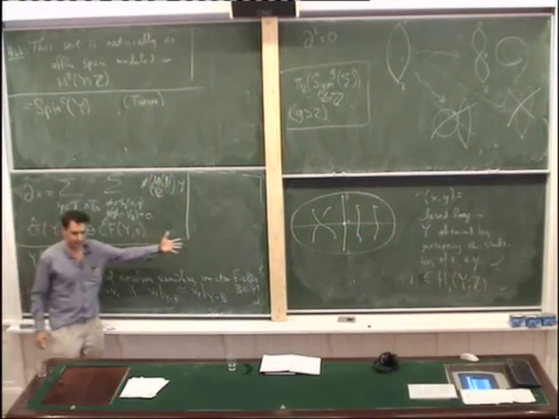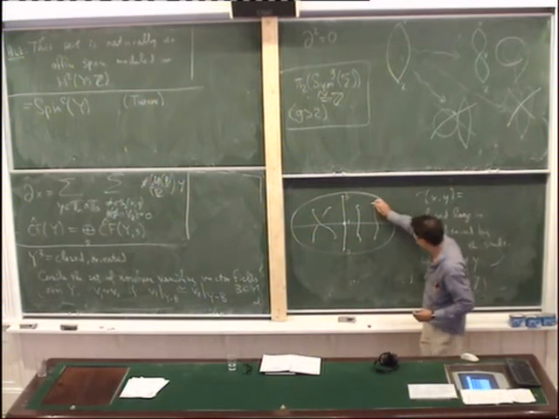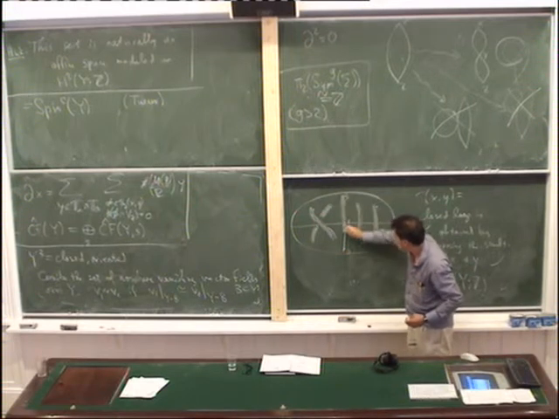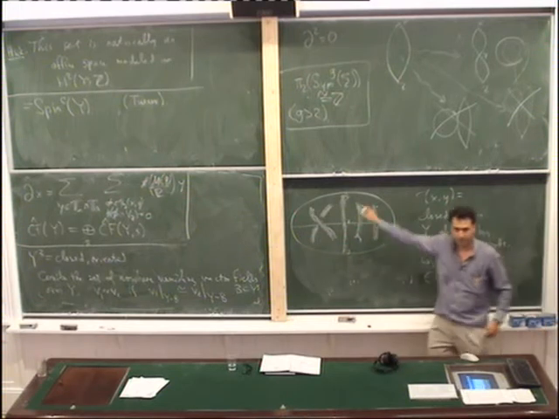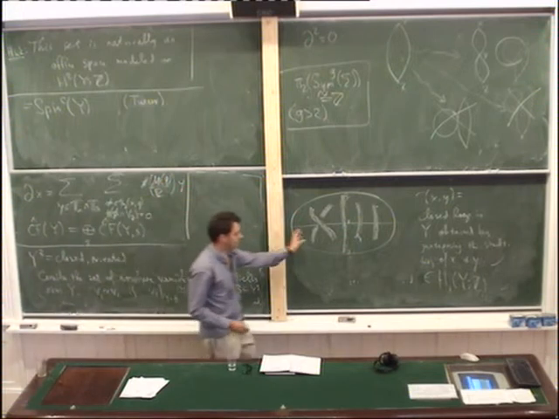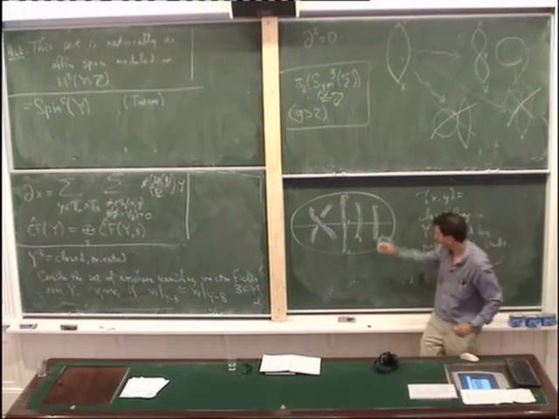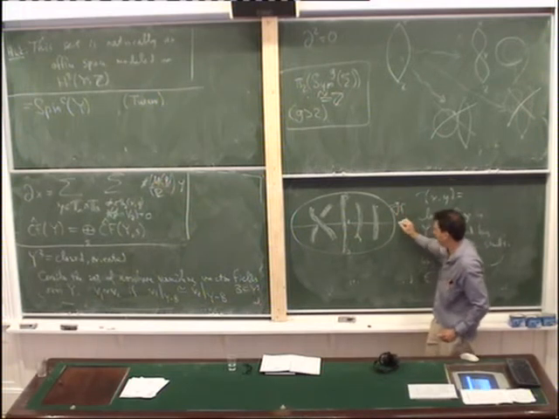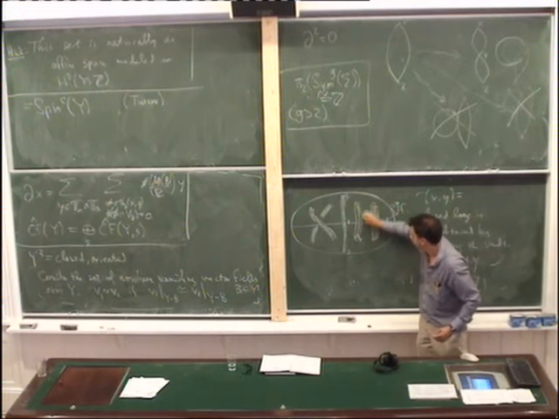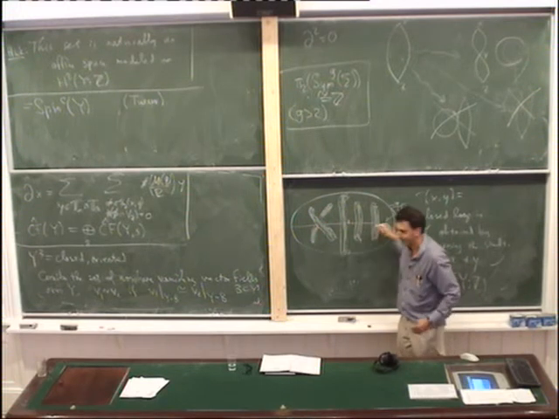Well, I claim that from this data we can construct a nowhere vanishing vector field on Y. The way we do that is we take a little regular neighborhood of our simultaneous trajectories and also of this fixed gradient flow line that connects the index 3 and index 0 critical points. I now have a collection of three balls in our three-manifold. The gradient of F does not vanish outside of this regular neighborhood that I've drawn. Therefore, it defines a nowhere vanishing vector field out there.